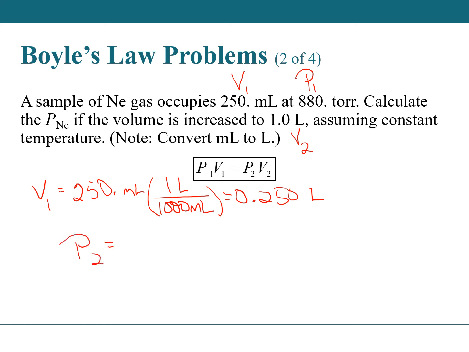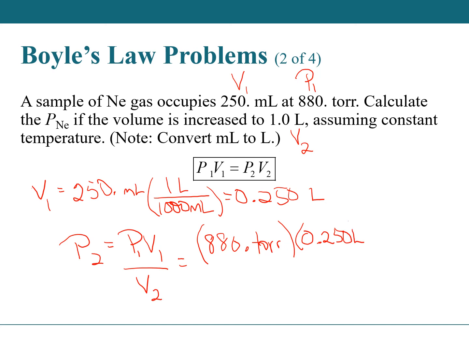Now we're going to solve for P2. I'm going to divide both sides by V2, and now we can start putting in our numbers. P1 is 880 torr. V1, we just converted to liters, 0.250 liters. And V2 is 1 liter.